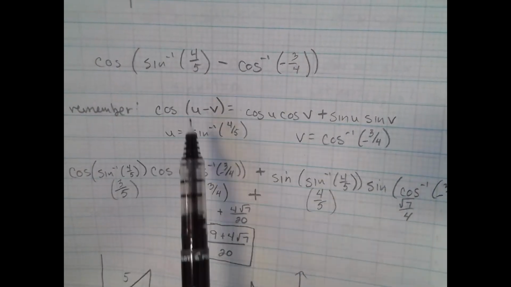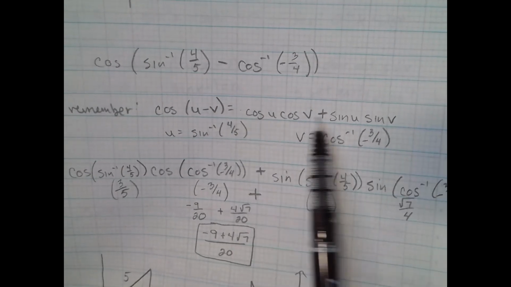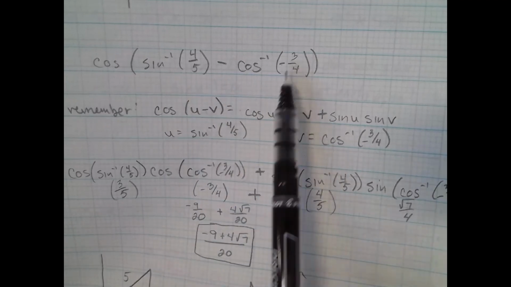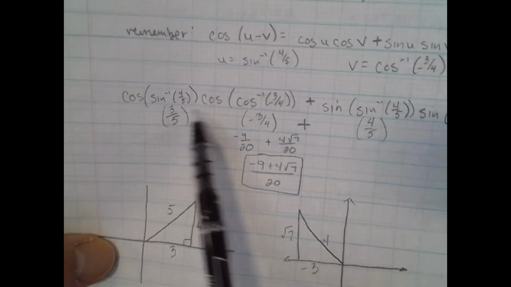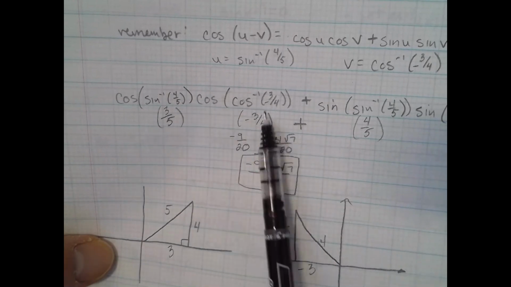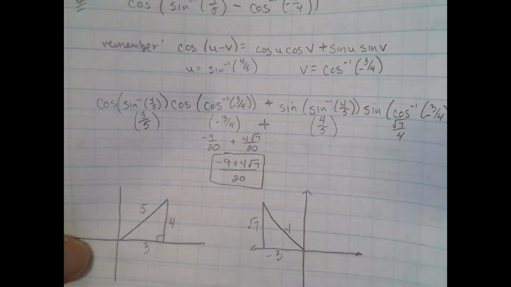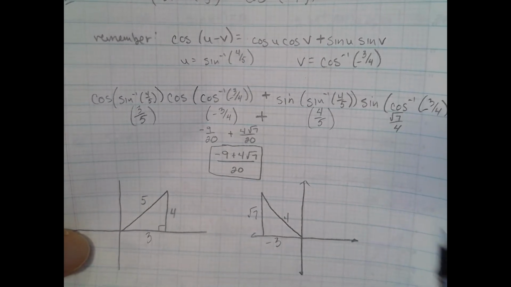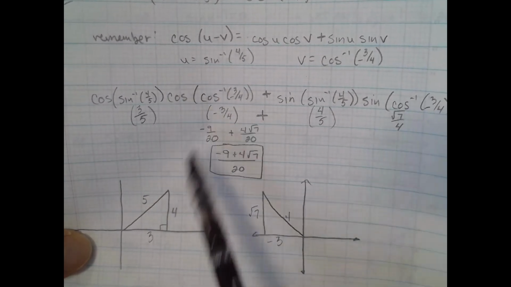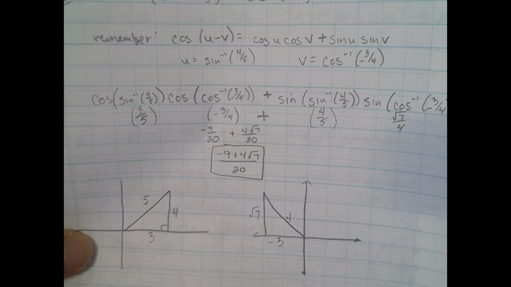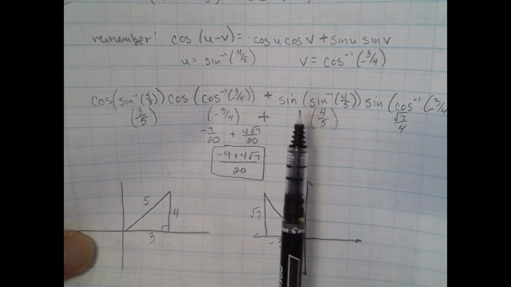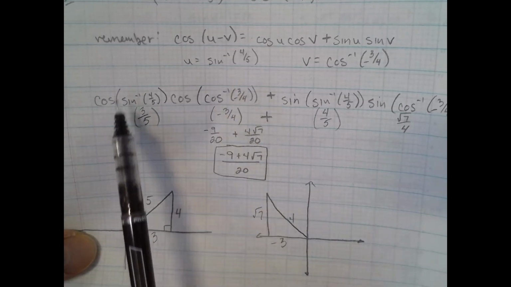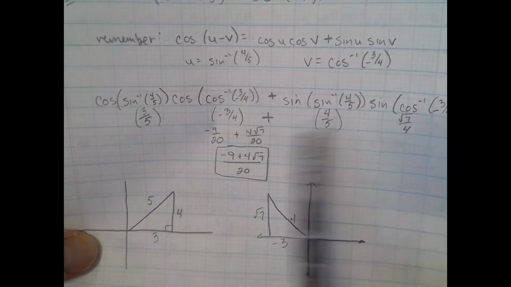So we literally just write it out like we would, replacing our u with inverse sine of 4/5 and our v with inverse cosine. So it's all of this stuff. So it's 1, 2, 3, 4 different problems. You evaluate them all like we have been doing, and then just combine and simplify the result. Okay, so it's just 4 times as hard as a simple cosine of the inverse cosine of negative 3/4. Figure each of them out and then combine and simplify.